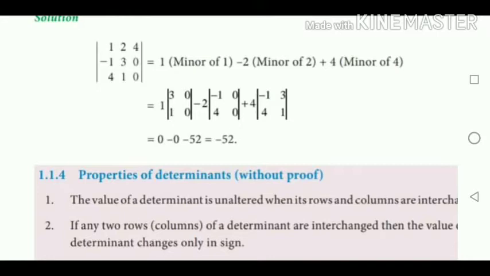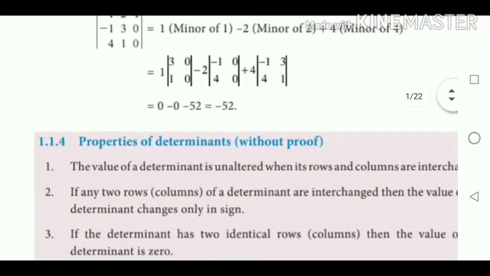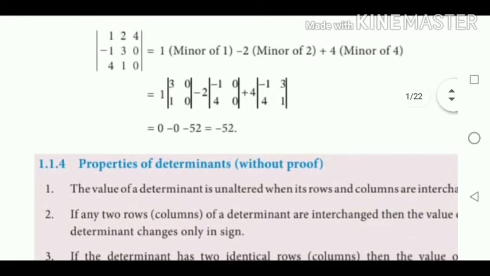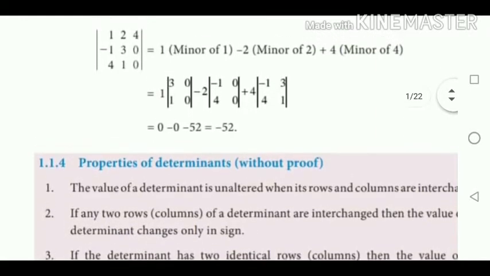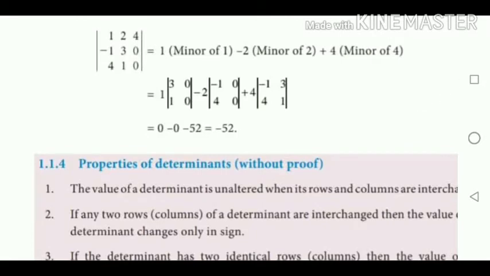Minus, according to the formula we put a minus sign for the second column, that is minus 2. For the element 2, the minor is obtained by eliminating the first row and the second column, giving minus 1 0 4 0.